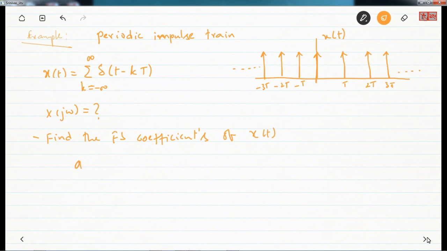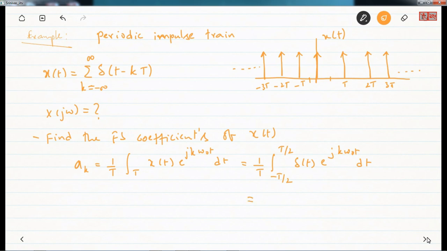How do you find it? a_k equals 1 by T integral over one period of x of t e power minus j k omega naught t dt. So I'll take the period from minus T by 2 to plus T by 2. In that period, I have only delta of t there.